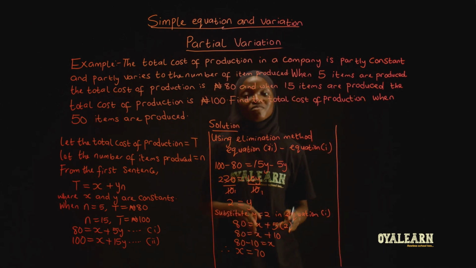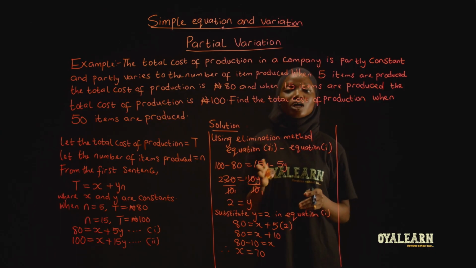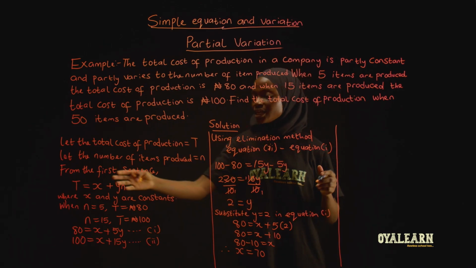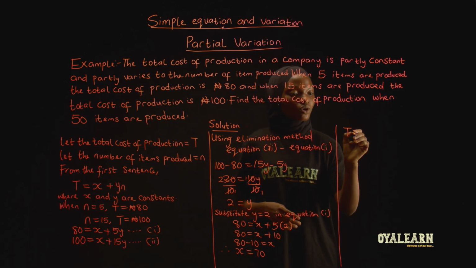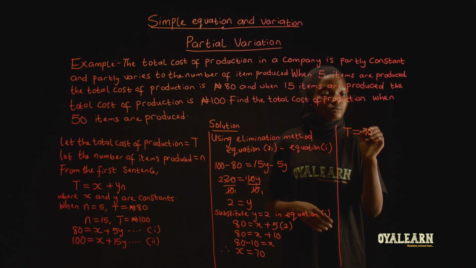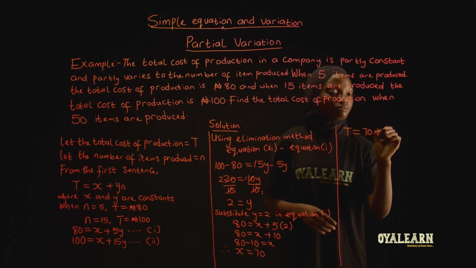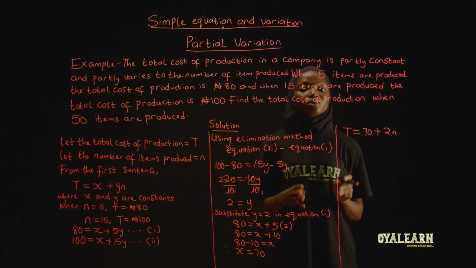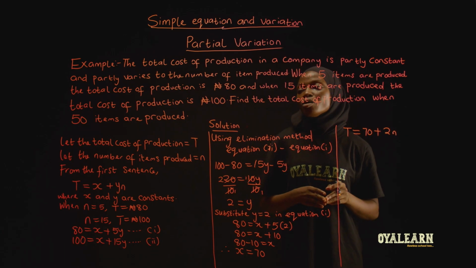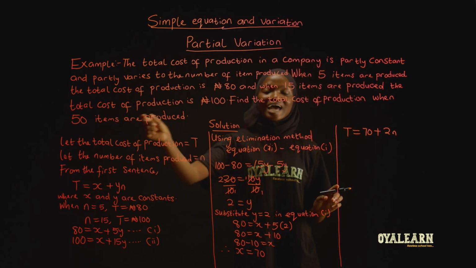And from there we can have our formula connecting T and N, that is the total cost of production and the number of items produced. So we're having T equals the value of our X here, 70, plus the value of Y, 2N. So this was the formula connecting T and N. But we are told to find the total cost of production when 50 items are produced.